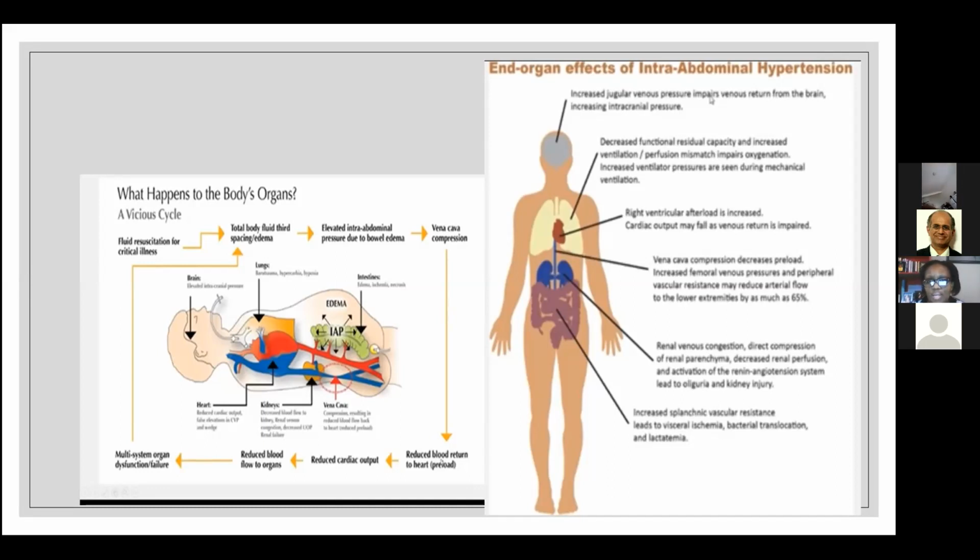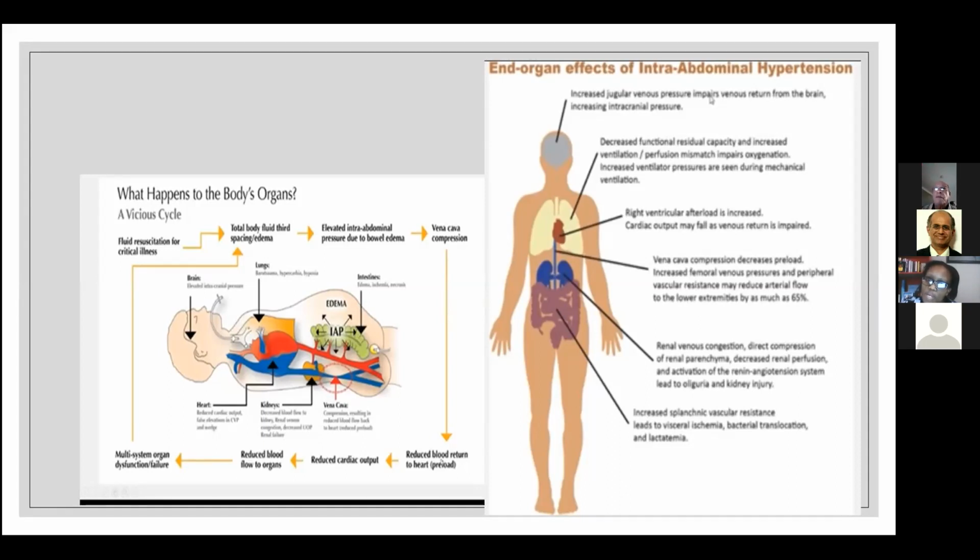And then the intra-abdominal hypertension can affect all the organs in differing ways. With the brain, it causes mostly an increase in the intracranial pressure.